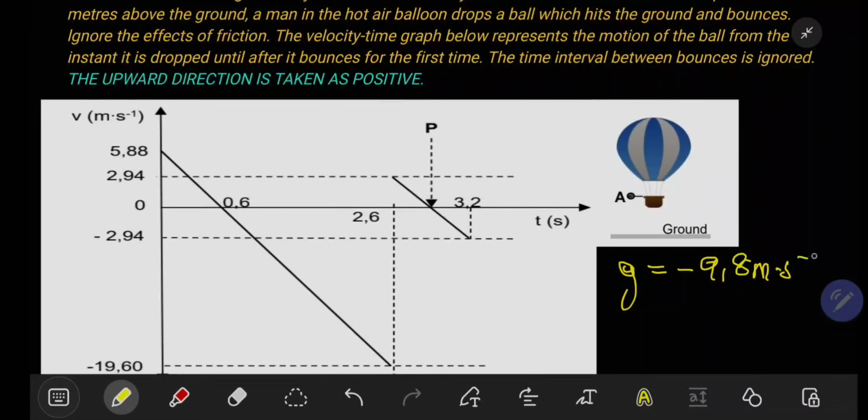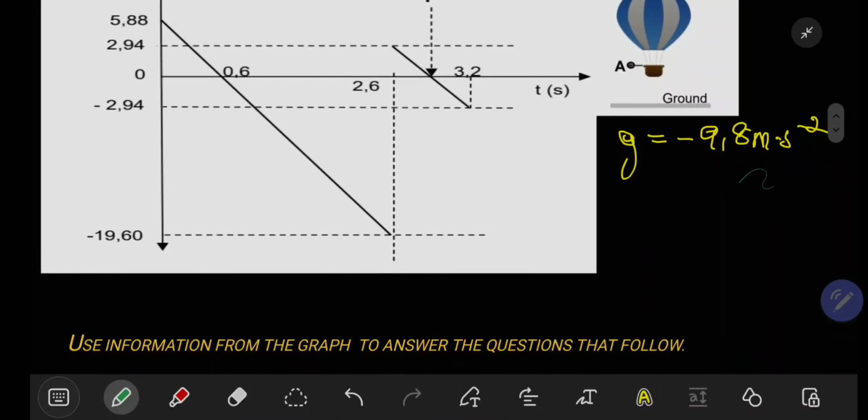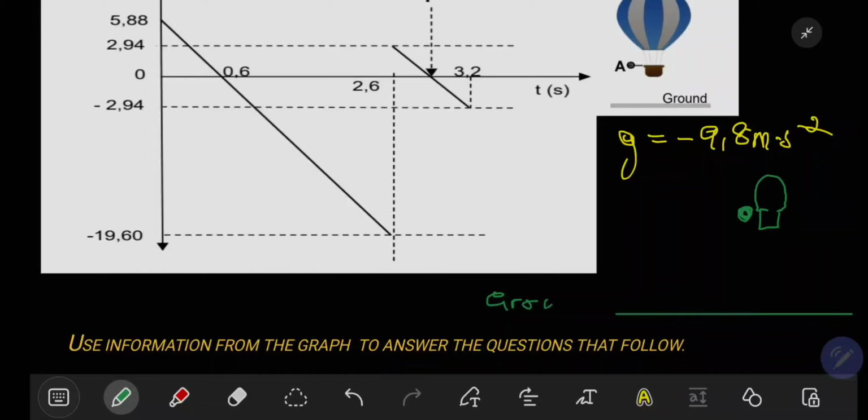Then I want us to analyze the motion of the ball. This is our hot air balloon, and there was a ball which was dropped, and then it bounced on the ground. We have a reference point here, which is the ground.